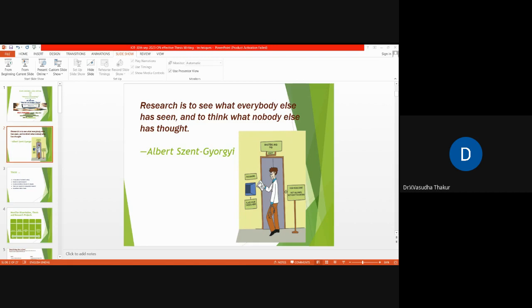The recognition, like PhD, or sometimes it is to fulfill the criteria of a post graduation program, and even this generation, the research work is introduced even for the undergraduates as well.